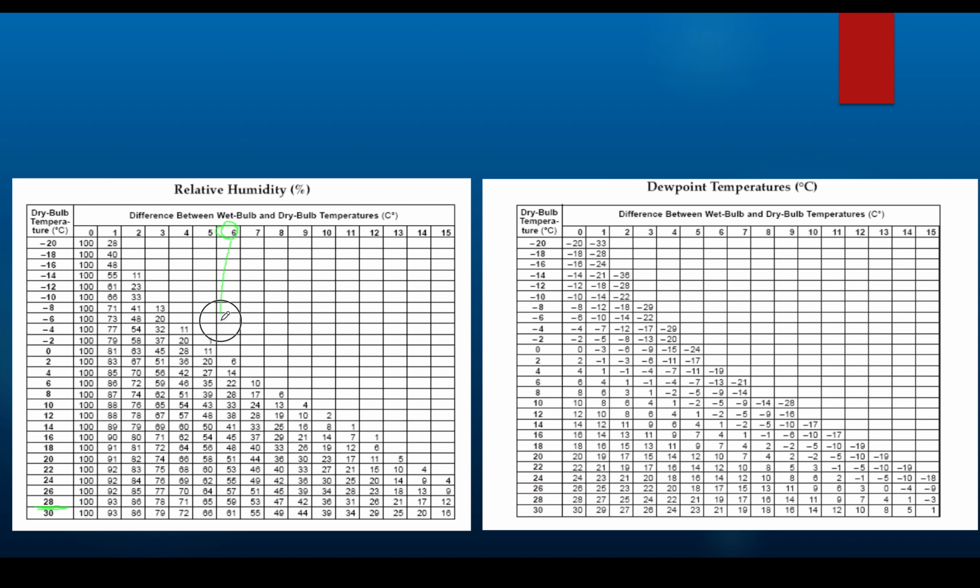So let's follow 6 all the way down to where it meets 29. Somewhere in between 28 and 30 represents the humidity. At 28 degrees, it's 59%. At 30 degrees, it's 61%. 29 is in between, so the humidity is in between 59 and 61. So for number 1, we should have a humidity of 60%.